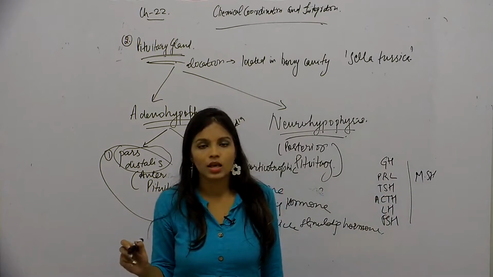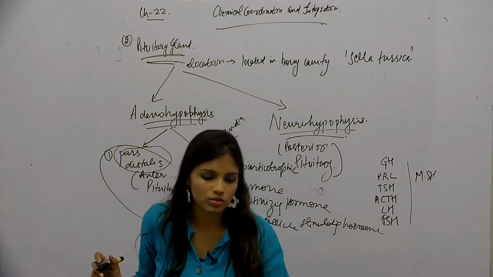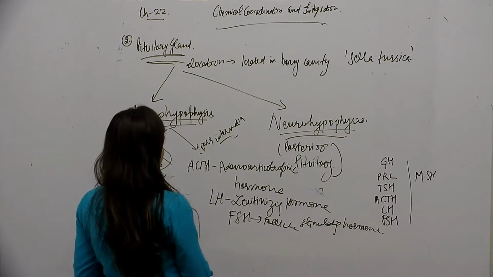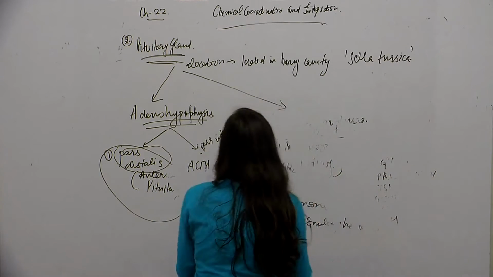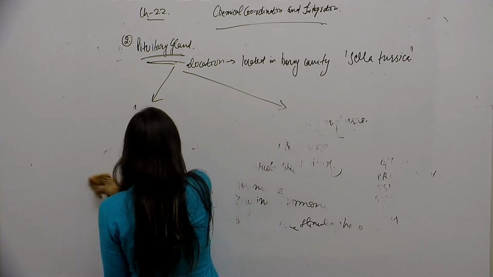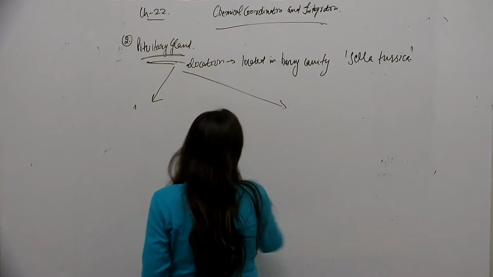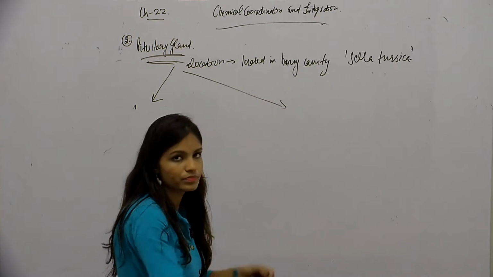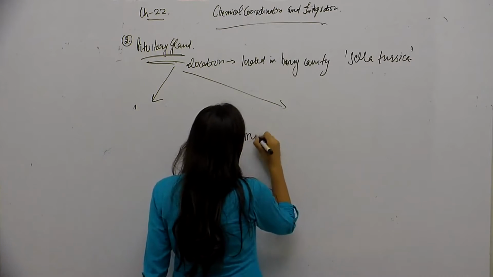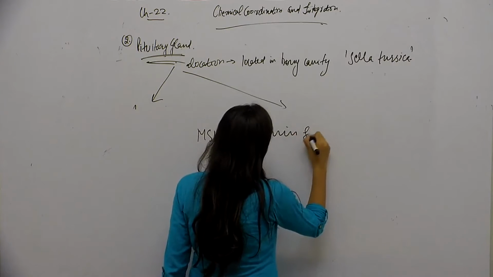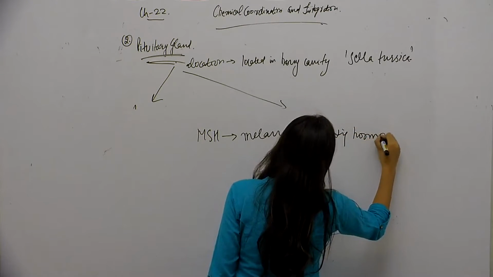MSH is the melanocyte stimulating hormone.